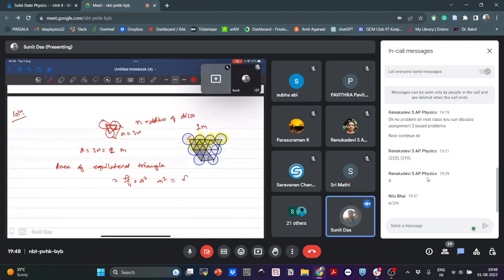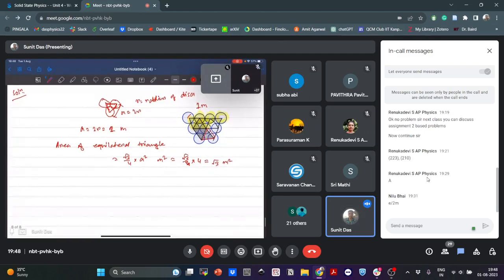So the area will be root 3 meter square, the area of each triangle. Okay. Now, how many discs are there in a triangle? That's not the question you need to ask.